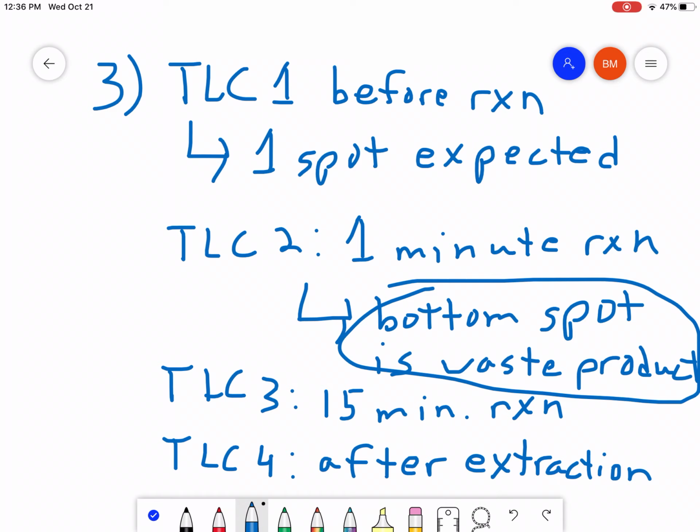Okay? So, I want you to do these. I want you to measure the RF values for any of the spots that appear in the right-hand lane on these. And also, much like last time, comment on their changing appearance and what that means. Right? What is disappearing, what is appearing.